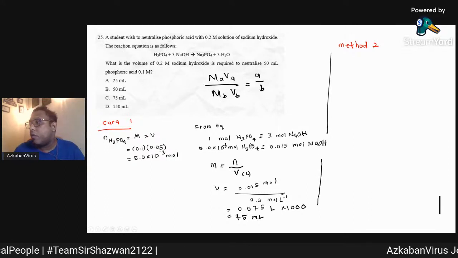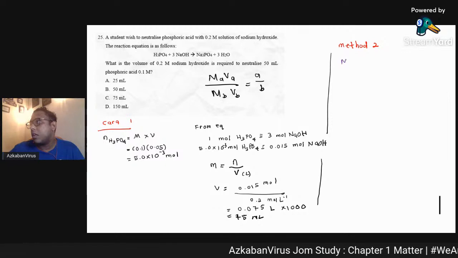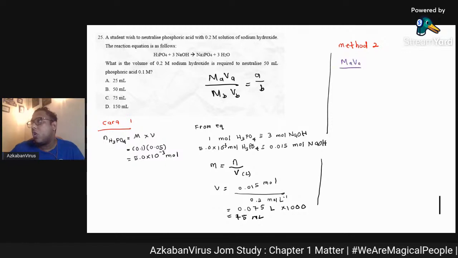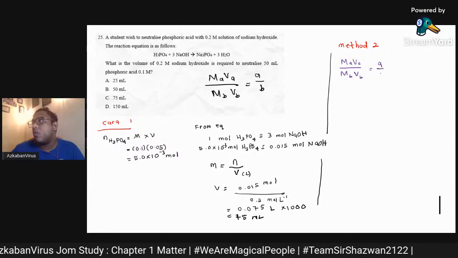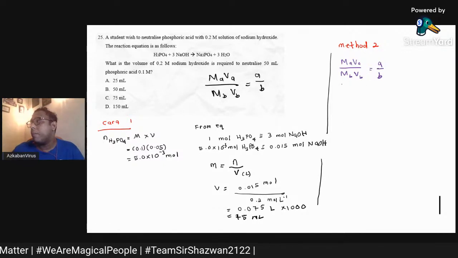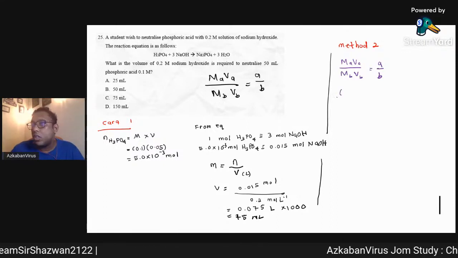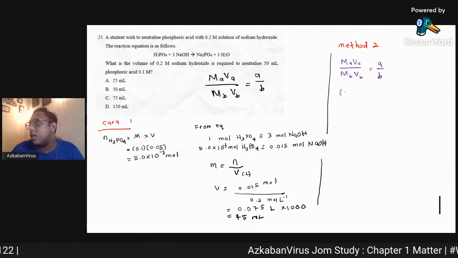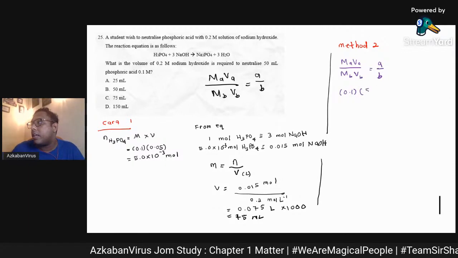Ataupun cara kedua guna formula, which is MA VA over MB VB is equal to A over B. Alright. So MA, A adalah acid. So molarity acid kita adalah 0.1 molar. VA adalah 50 ml.